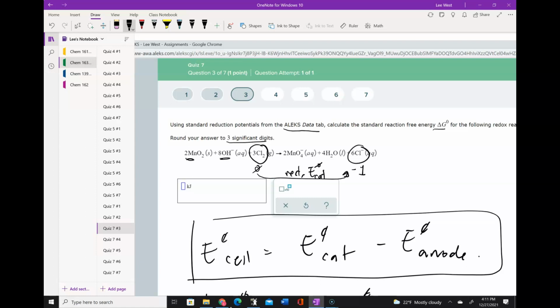So for manganese in here, we've got 1 manganese and 2 oxygens, and oxygen is -2 in most compounds. That has to add up to 0. So manganese must be +4 here. And then when I go over to here, you can see I've got MnO4 minus.